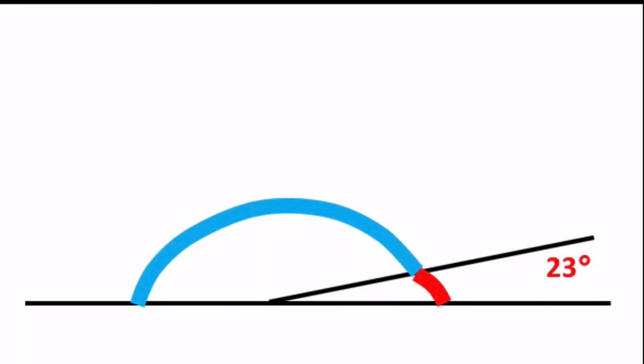You'll not always get asked questions like that on a clock, but you're more likely to get a diagram that looks like this. So we can see here that our red angle is 23 degrees and we've got to work out what the blue angle is. Now we're going to use our same strategy as before, aren't we? We know that together the blue and red angles equal 180 degrees.